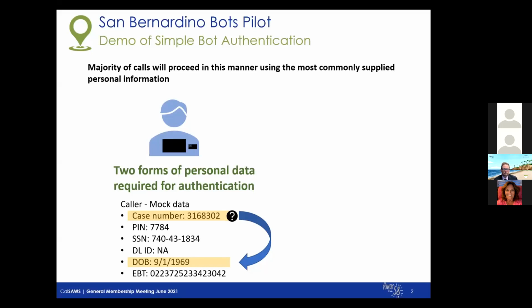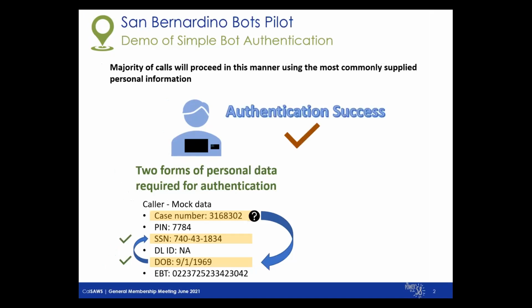I heard September 1st, 1969. Is that correct? Yep. Thank you. Can you please say your social security number? 740-43-1834. I heard 740-43-1834. Is that correct? Yes. You have been successfully authenticated.